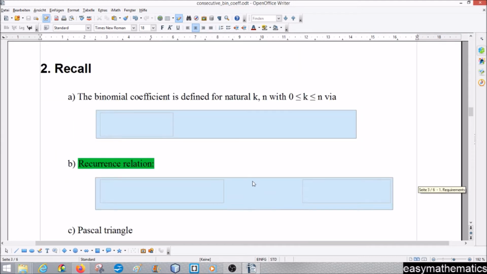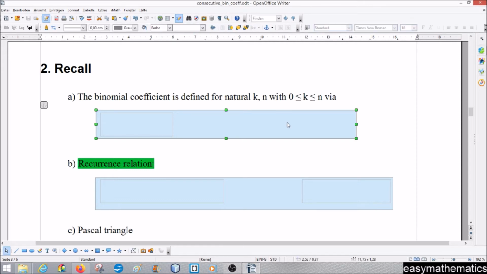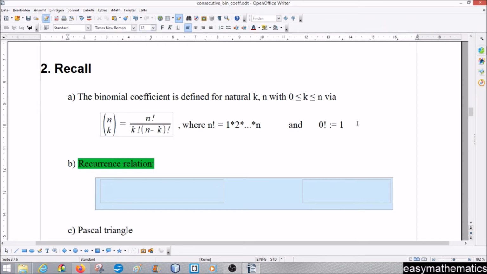The binomial coefficient is defined for natural k and n, if k is in between 0 and n inclusive. We define it as n choose k equals n factorial over k factorial times n minus k factorial, where n factorial is the product of the first n consecutive natural numbers, and we define 0 factorial equals 1.